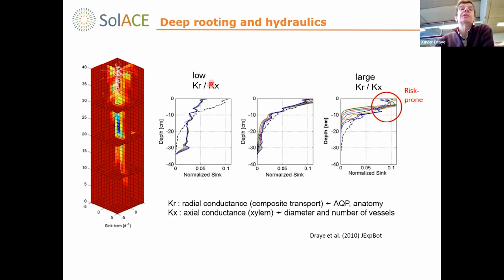So just altering this ratio gives two situations. The root density is represented by the dashed line. It's the same in both cases, but we see that we can have much more water uptake than the density suggests, or much less.